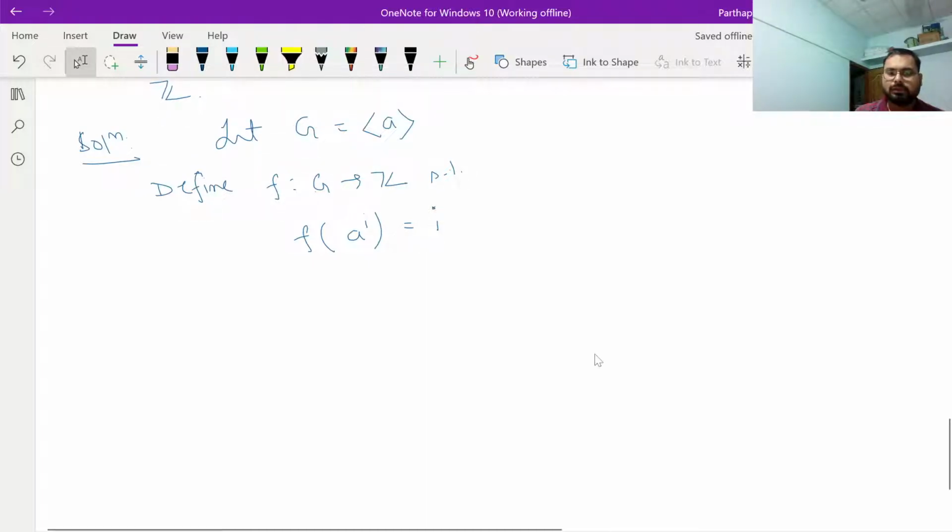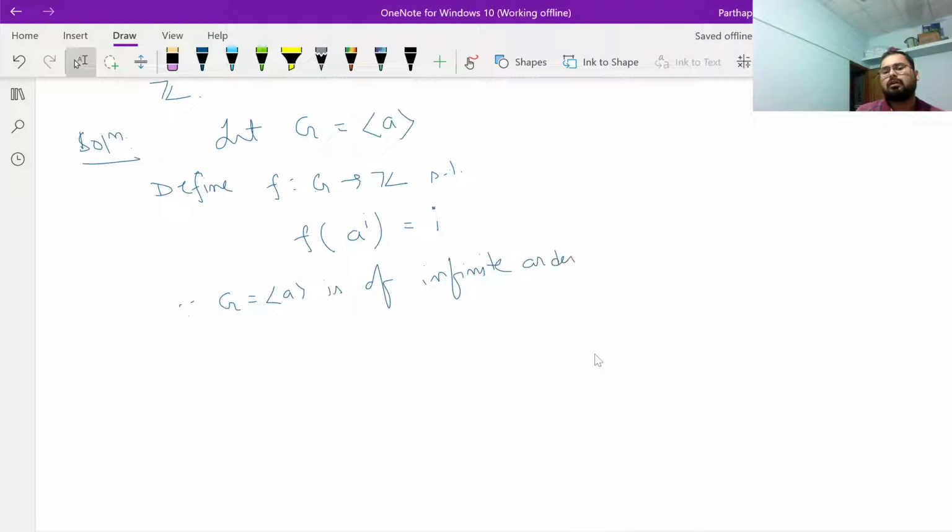For this we see that since G generated by a is of infinite order, a to the power i will always belong to G for all i belonging to Z. So for any integer i, a to the power i will always belong to G. And for i not equal to j, for two different integers i and j, a to the power i will never be equal to a to the power j.